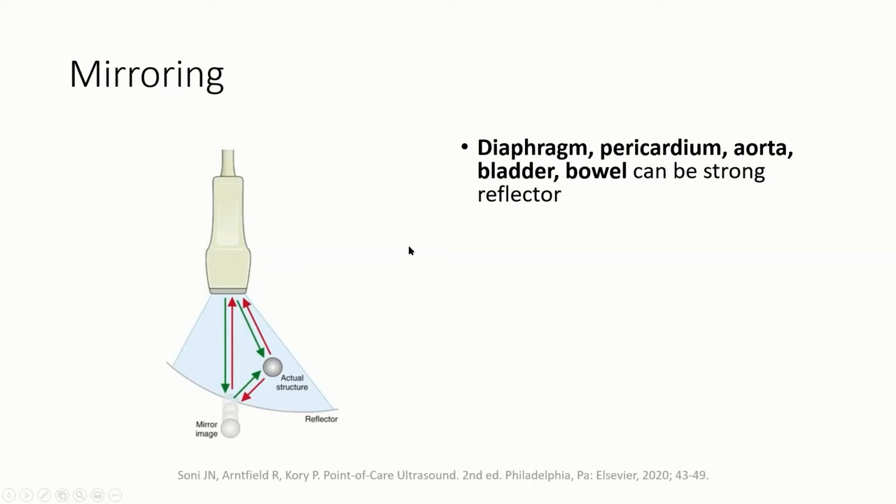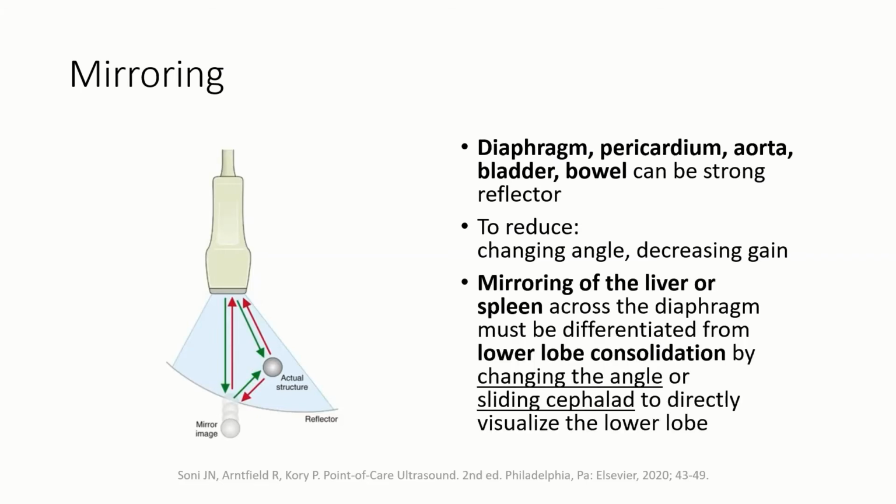So sometimes diaphragm, pericardium, aorta, or bladder or bowel can be a strong reflector, like a mirror. You can reduce this artifact by changing angle or decreasing gain. And then this is clinically important. Mirroring of the liver or spleen across the diaphragm should be differentiated from lower lobe consolidation.